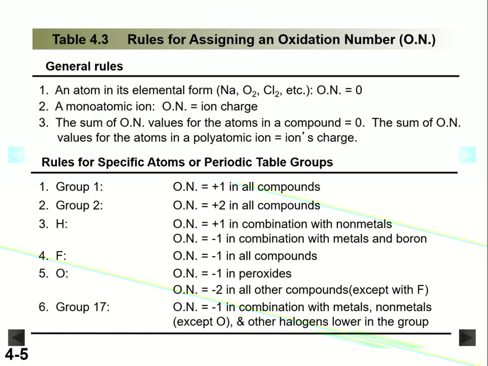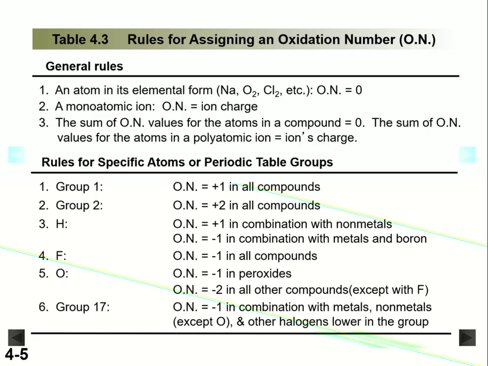And you'd expect that. We would expect the effective charge on the atom to be 0 because the electrons are truly shared evenly. For a monatomic ion like chloride, Cl-, or sodium ion, Na+, the oxidation number equals the ion charge.